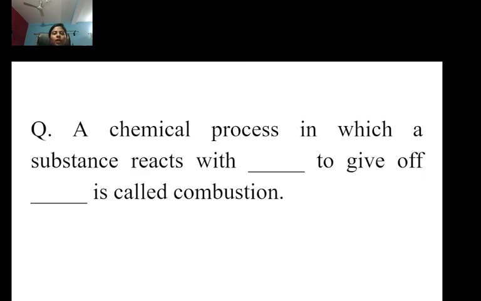Yes, good. Now, a chemical process in which a substance reacts with oxygen to give off heat is called combustion.